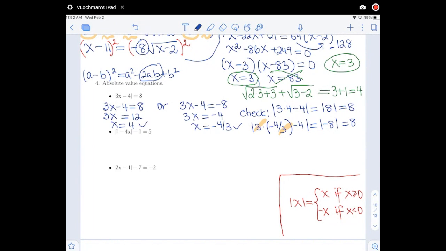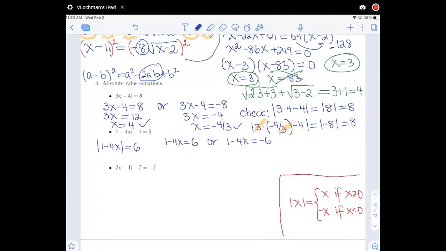What do we get here? Let's move everything that's not with the absolute value to the other side. So we get the absolute value of 1 minus 4x is equal to 6. From here, 1 minus 4x is equal to 6, or 1 minus 4x is equal to negative 6.